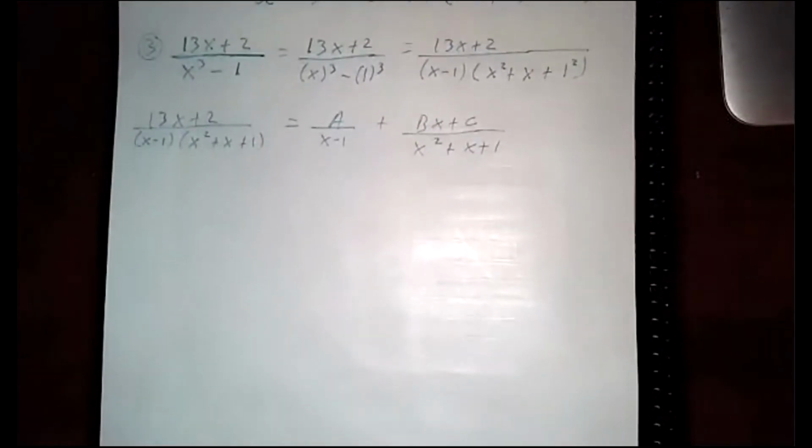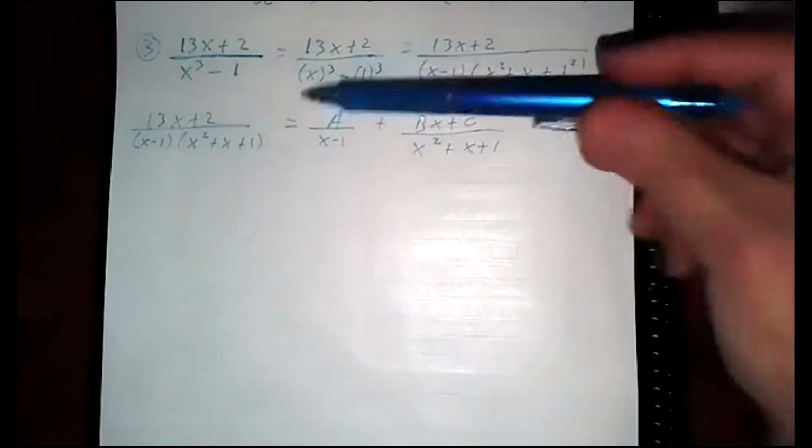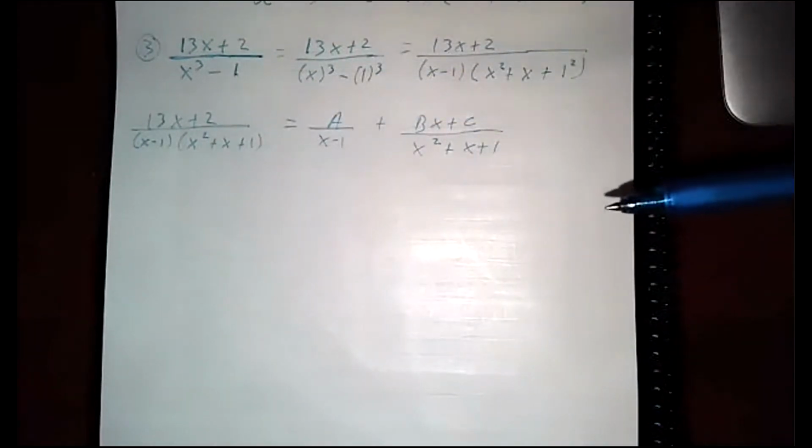Okay. So right there, if you can do that, that's at least like 60% of the points for that question. I'll be very happy. But now the next part is the harder part. We need to cancel the fractions and solve for a, b, c.